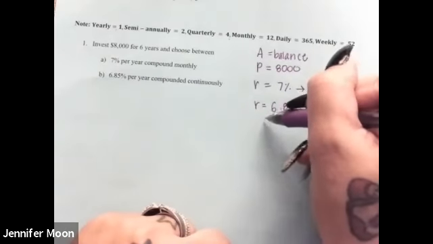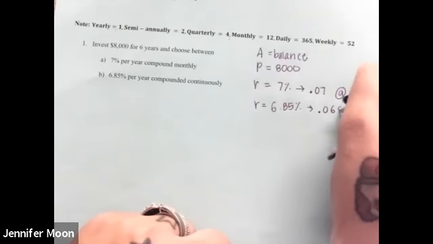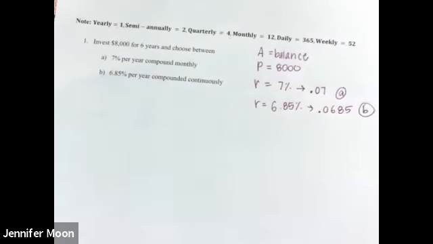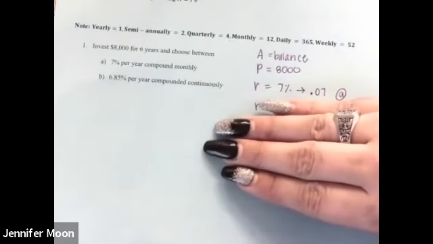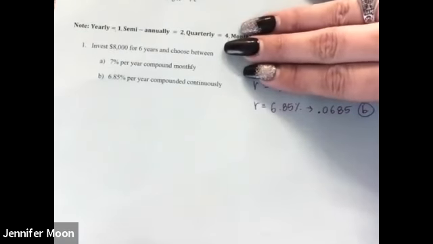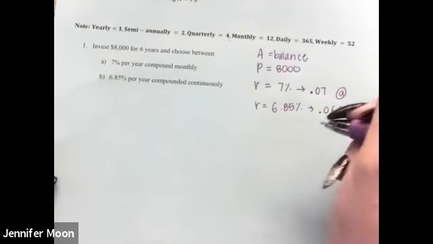That's 1, 2. So it looks like what I'm going to do is add a 0 in front of my 6. That's my rate for answer B. Okay, I only use that 0.07 for A. I'm only going to use that 0.0685 for B. I'm not going to use both of those in both formulas. You can confuse yourself if you do that.